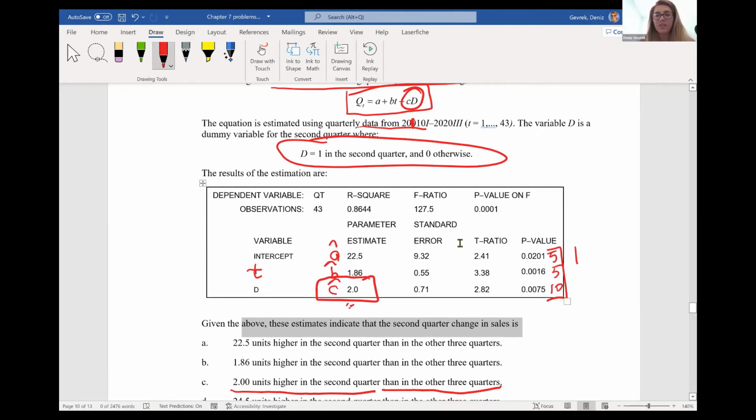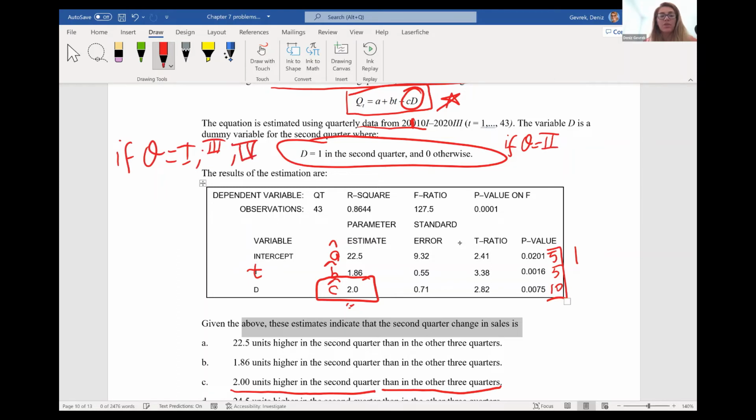If you still have questions about dummy variables, that's a knowledge issue, so for sure look at my videos again. I also solved this question, but I'm going to solve it again because this is important. Your equation is this, but if the quarter is the second quarter, it's going to look different than if it is the first, third, or fourth quarter.